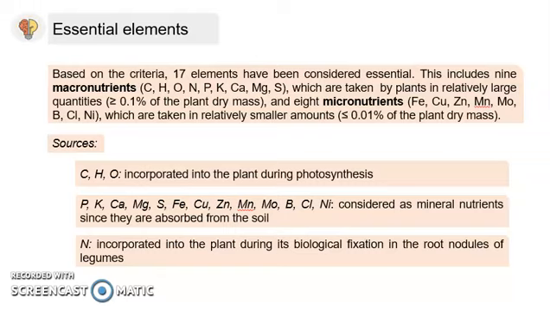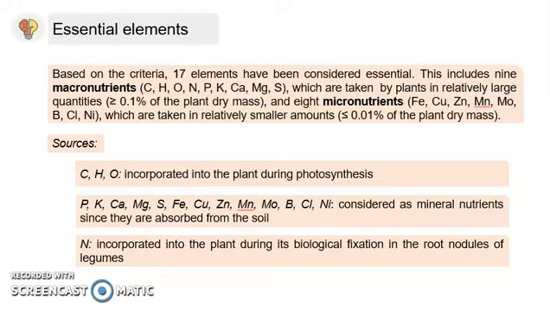Now let's enumerate and be familiar with the macro and micronutrients. The macronutrients are C, carbon; H, hydrogen; O, oxygen; N, nitrogen; P, phosphorus; K, potassium; Ca, calcium; Mg, magnesium; and the last one is S, which is sulfur.